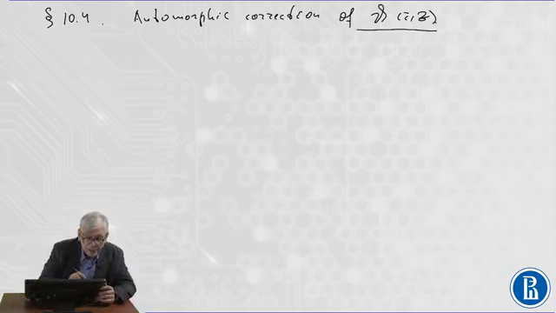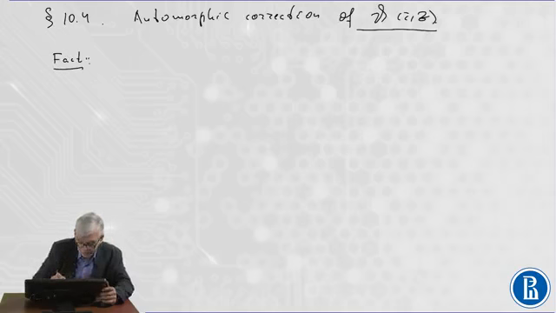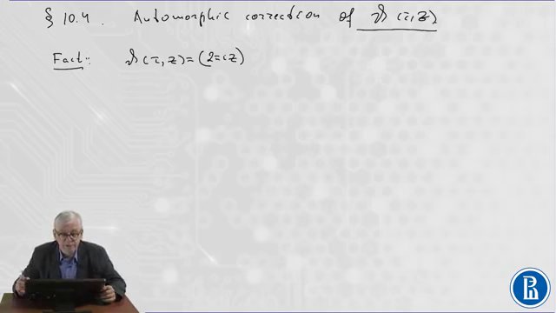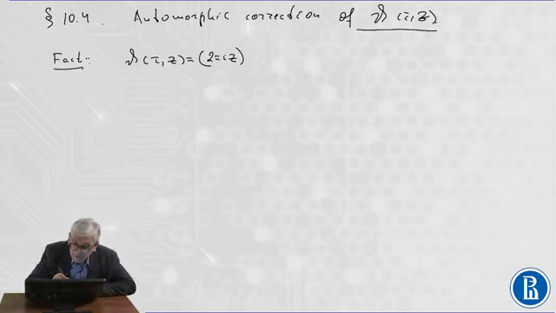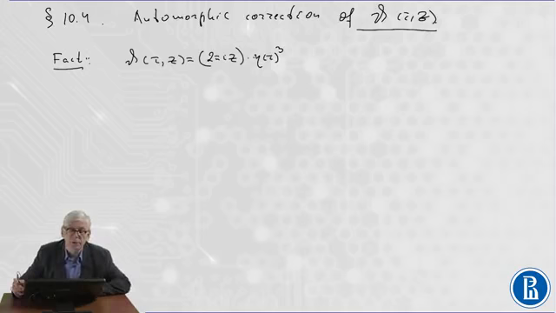First of all, the first fact, you can find this in the literature. We have the following formula for the Taylor expansion of the Jacobi theta series. This is equal to 2 pi i z, since we know that the Jacobi theta series has a zero of order 1 at z equal to 0, times the Dedekind eta function to the power 3. This is the derivative of the theta series at z equal to 0.